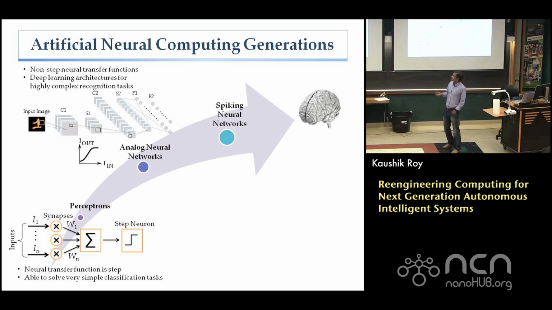Now, if we call this an analog neural network or a deep neural network, interestingly enough, the brain doesn't do it that way. The processing that I just showed here with analog inputs is not really the way the brain does it. The brain actually uses spikes.